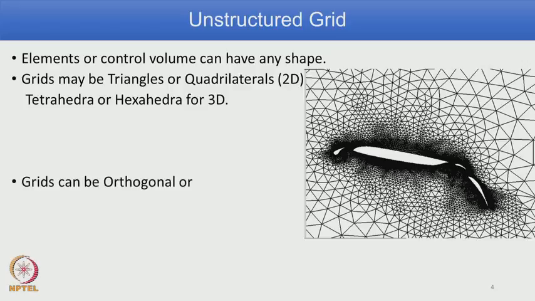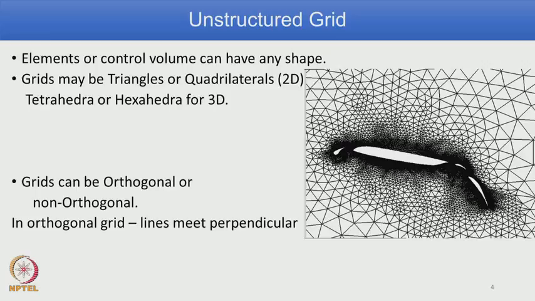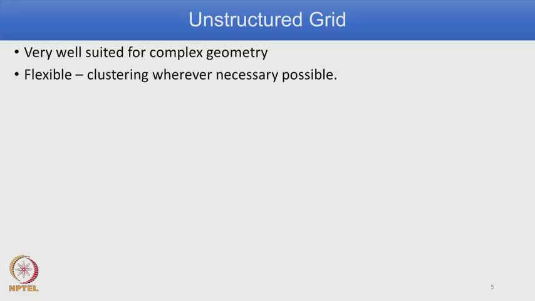In general, grids can be orthogonal or non-orthogonal. In the case of an orthogonal grid, the lines meet perpendicular. In the case of non-orthogonal, they do not meet at right angles. Now, because of this grid arrangement, it is very well suited for complex geometry.